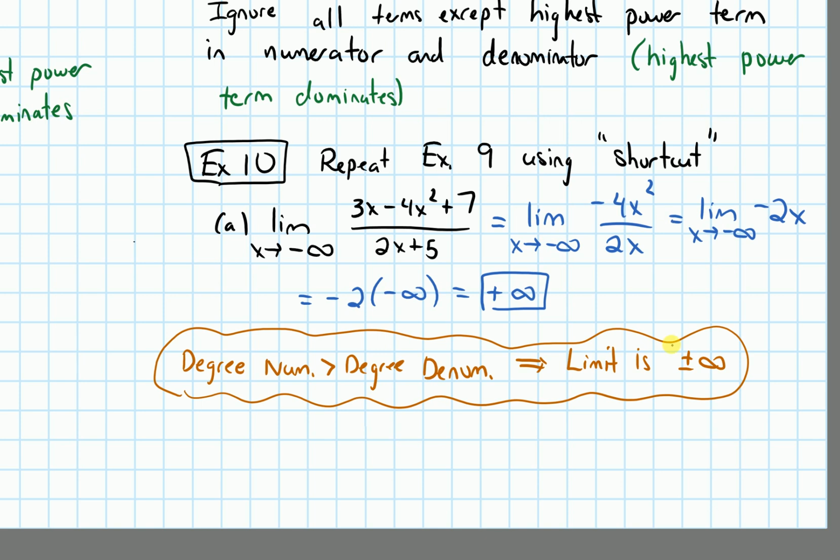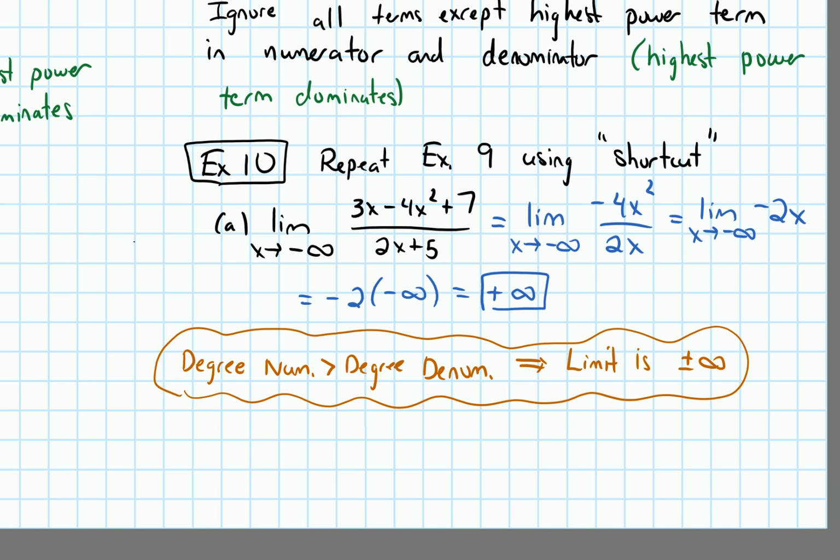Conceptually, the numerator grows a lot more quickly than the denominator, so it ends up being a really large thing, and what's left to determine is whether it's positive or negative: positive infinity or negative infinity.